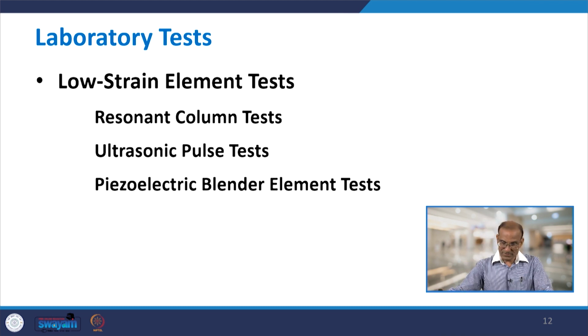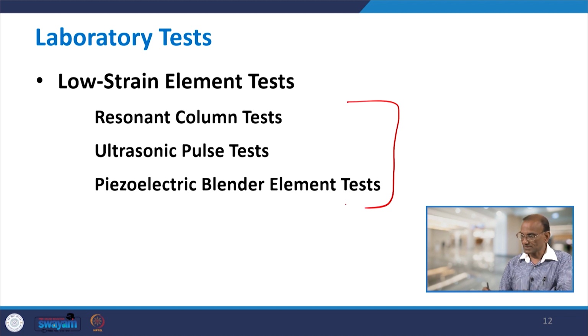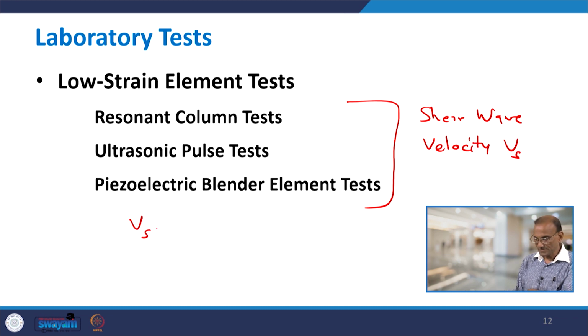So, what is the resonant column test? The concept of resonant column is based on resonance. In fact, in all 3 tests you find one common property of the soil, which is the shear wave velocity, Vs. And you know that Vs is the square root of G by rho, which we already discussed.